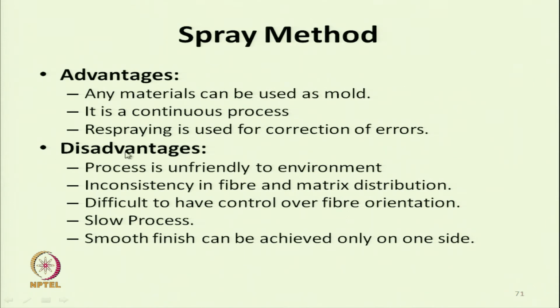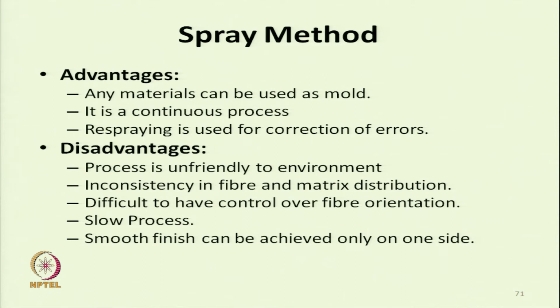The disadvantages are that the process is unfriendly to the environment, as we have seen in the hand laying method, because the volatile material can evaporate and mix with the environmental air. There is inconsistency in fiber and matrix distribution, because they are indirectly laid.